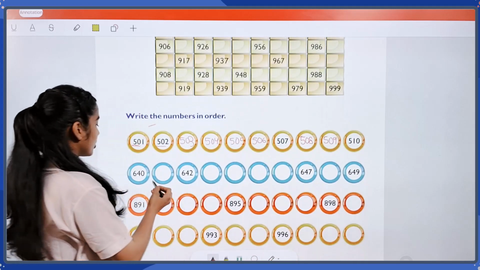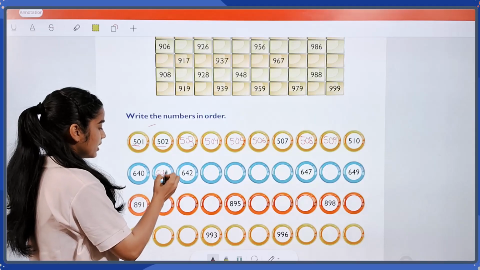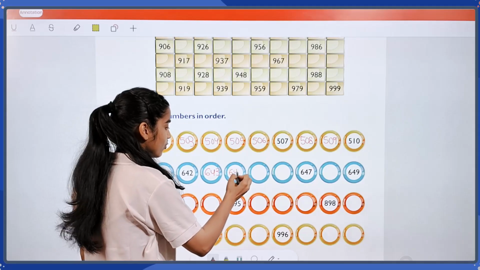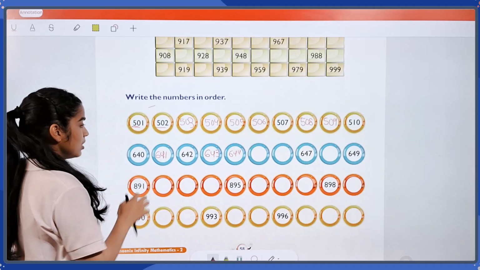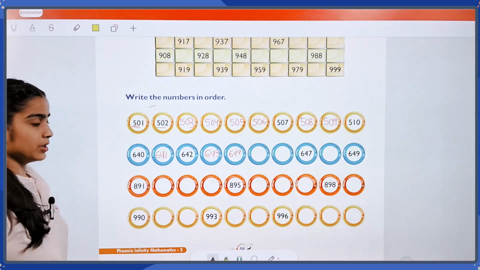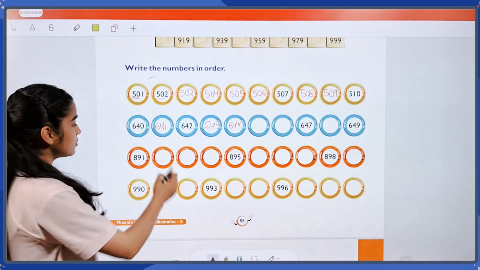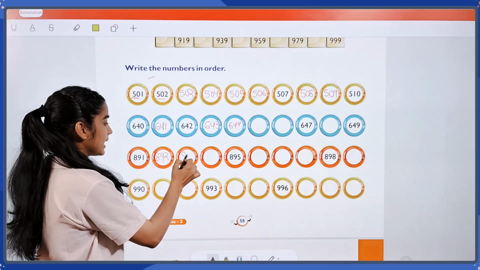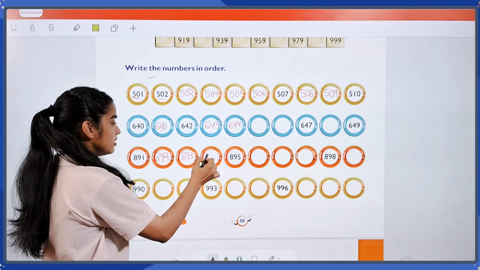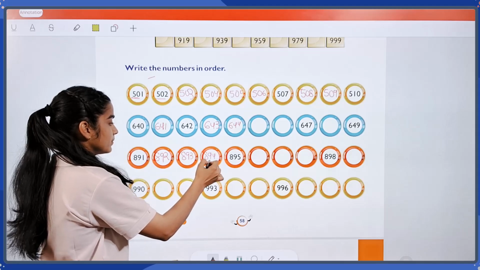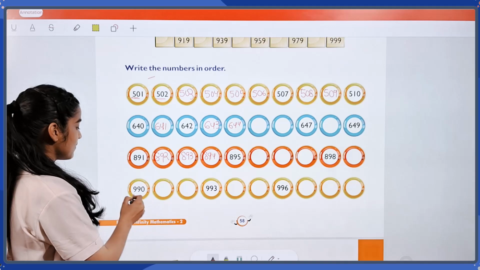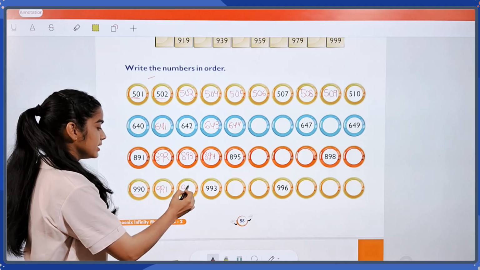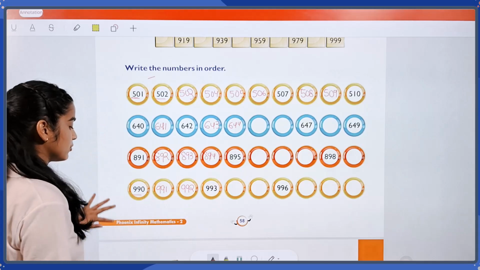Now 640, 641, 642, 643, 644. The rest you have to complete as I do. Okay. Now 891. What comes after 891? We have 892, 893, 894. Next we have 990, which means after 990 we have 991, 992. In the same way you have to solve it.